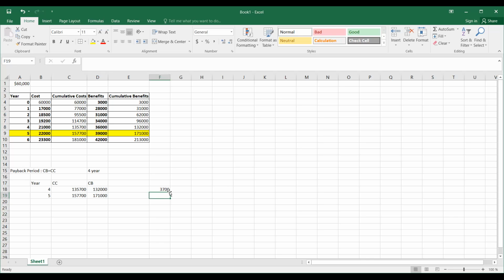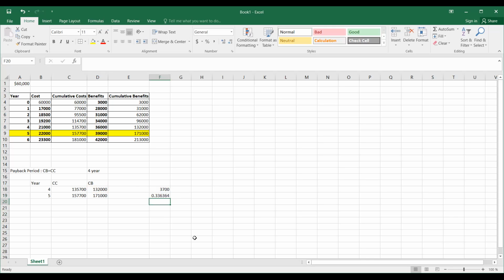Now what you're saying is the difference that you get here, how much you would be able to pay it back within that same year. So what I will do is a calculation: the difference over 132,000 multiplied by 12.